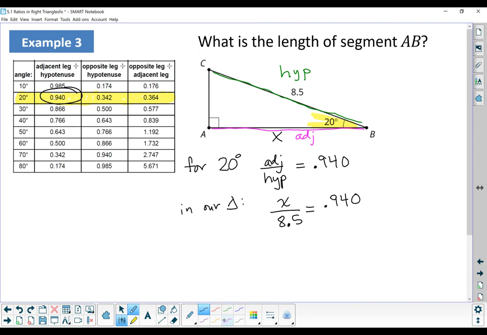If we solve for x, we multiply by 8.5. So x is equal to 0.94 multiplied by 8.5, and we get x is equal to 7.99, or if we were rounding, we would probably round to 8. So we were able to calculate the length of that side using our chart.